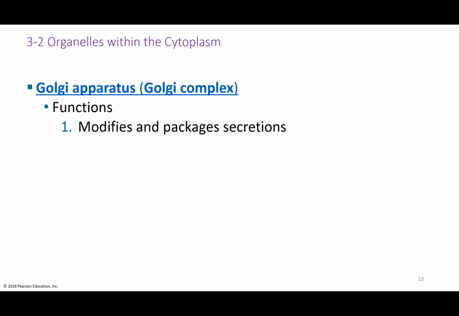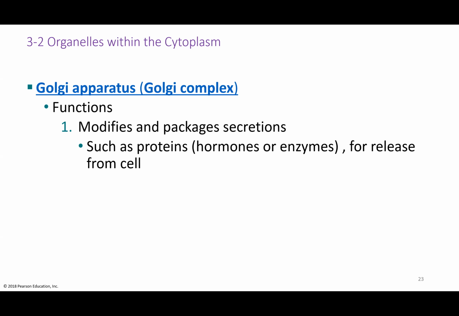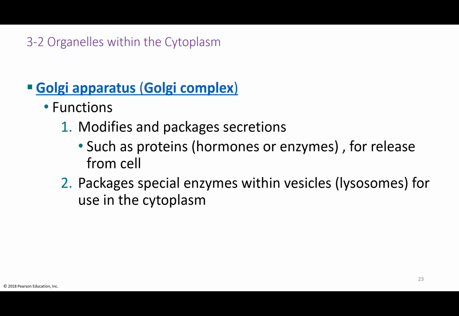It receives those partially formed proteins from the rough endoplasmic reticulum, for example, modifies them even further, and then packages them to go to different parts of the cell or to outside of the cell. So secretions like proteins, hormones, or enzymes for release from the cell. It can package special enzymes within vesicles, forming lysosomes, for use in the cytoplasm.